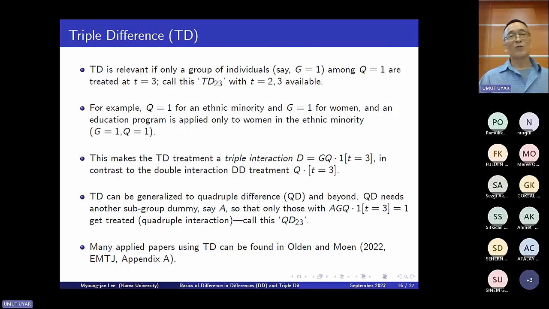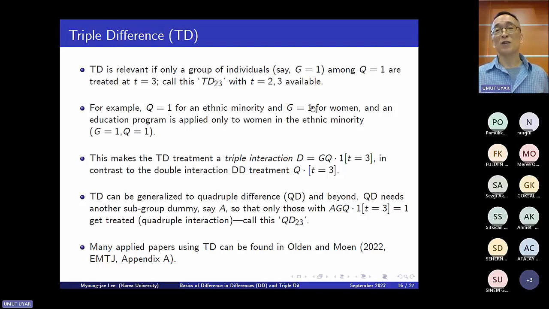Okay, now we get to the triple difference. Triple difference is a generalization of DD where the qualification itself is an interaction of two. For example, suppose one qualification is that you have to be an ethnic minority.